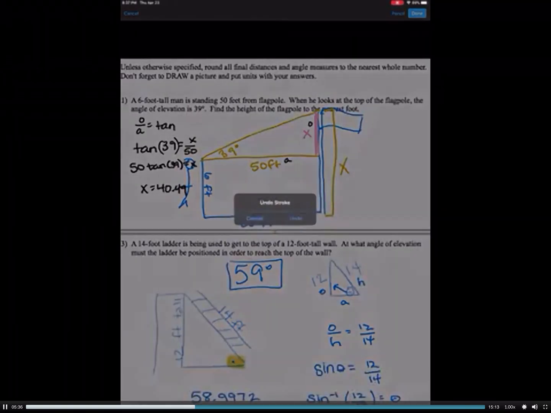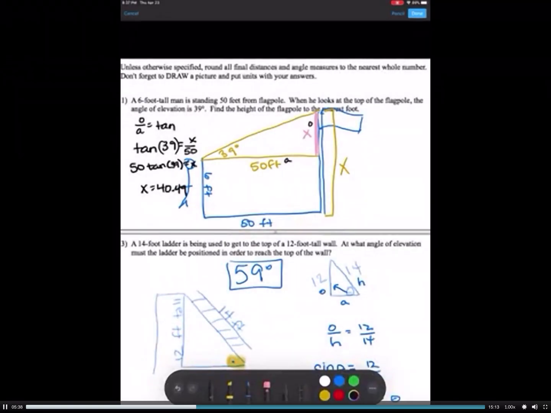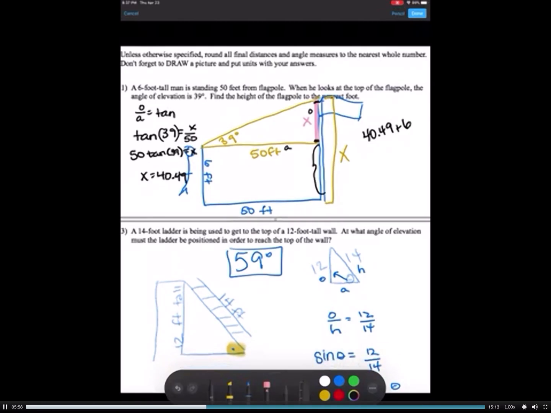Okay, so is that the height of the flagpole, 40.49? Yes or no? No, because all we found was this part right here. How do I know what this whole thing is here then? So that top x was 40.49, and this part was the height of the man, plus 6.